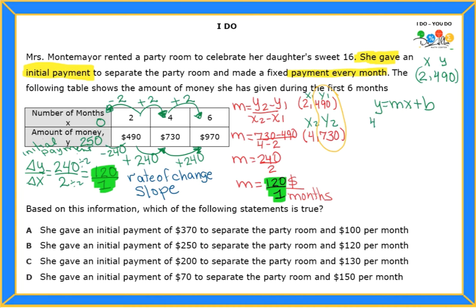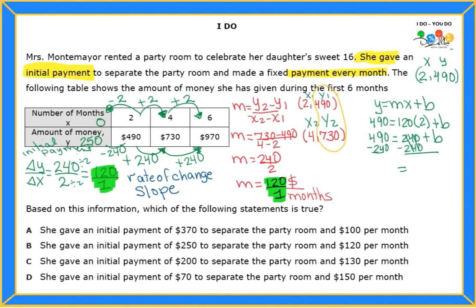Okay, so let's replace the values here. The y is 490, m is 120, x is 2. I'm choosing the point 2 and 490, okay? Plus b. Let's continue my equation. 120 times 2 gives me 240 plus b. I need to get rid of the 240, so I'm going to take away 240 on both sides.